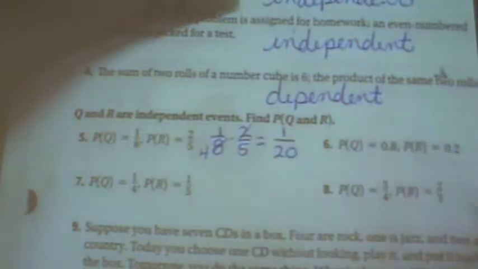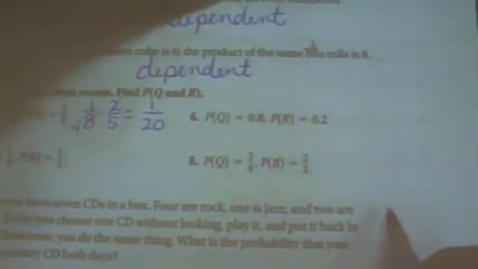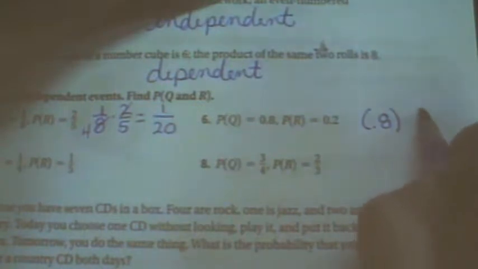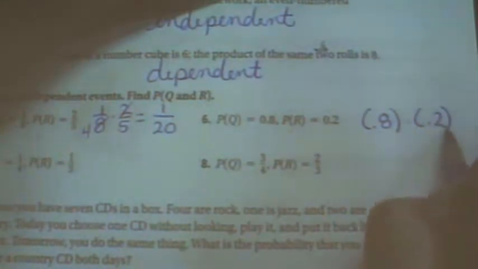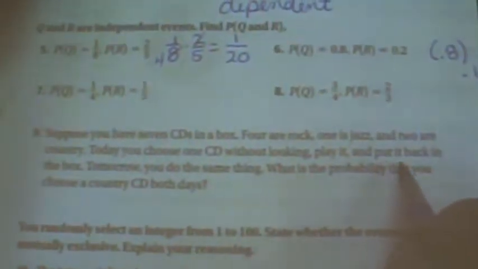What's 1/8 times 2/5? 1/20. What is 0.8 times 0.2? These are all independent. 0.8 times 0.2. 0.16.